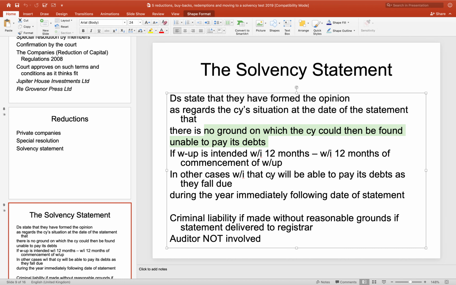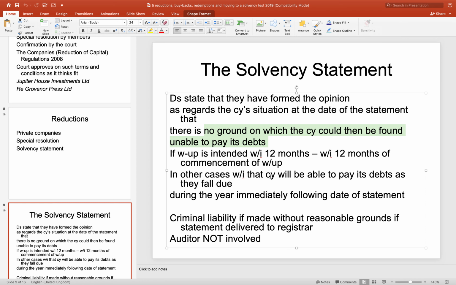And the analysis would be, how is the company's financial position right now? What will it be like in the future? Is there a risk that the company will be unable to pay its debt in the next 12 months? And if there isn't, then the distribution can happen. Or right now, the reduction can happen.